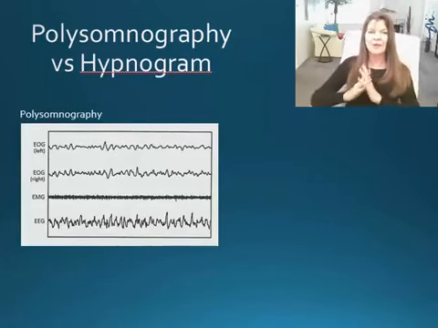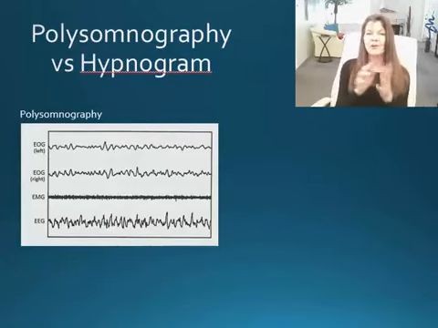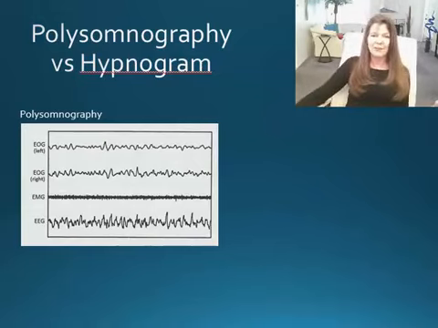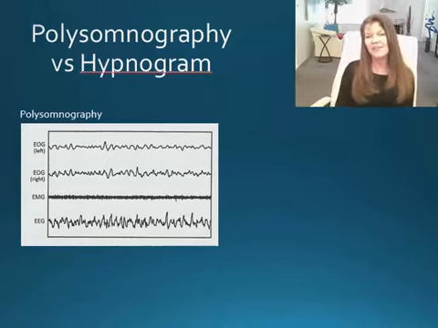So a typical polysomnography shows the sleeper's EEG, EOG, and EMG variations over the entire duration of a sleep period. If I were to show you an entire polysomnography for a sleeper, it would take many, many slides. Here's a snippet of one, and a great question: can you guess which stage of sleep this snippet represents?